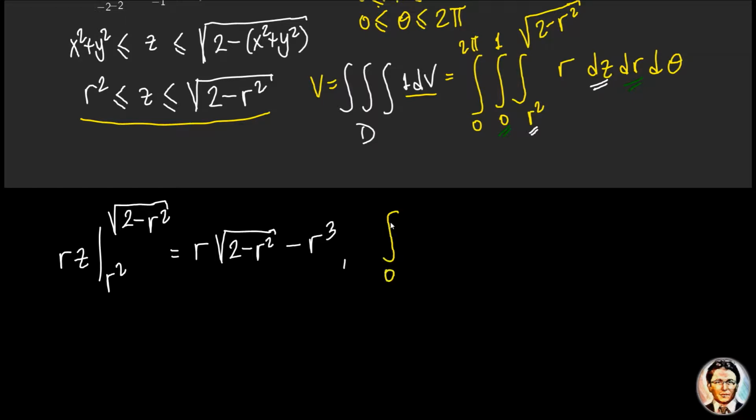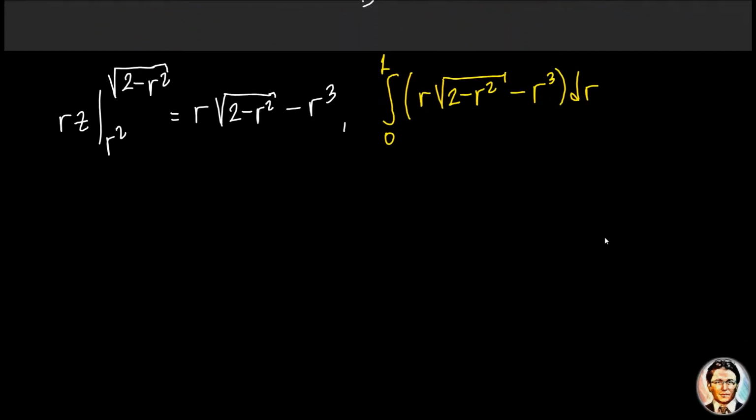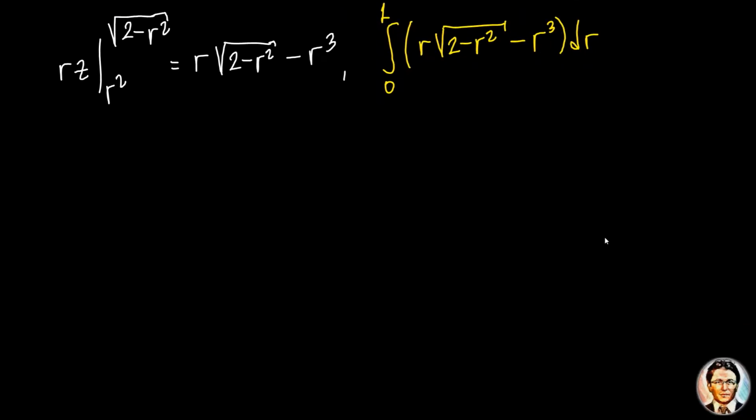Integrate with respect to r from 0 to 1 the expression r times square root of 2 minus r squared, minus r cubed. We will use substitution for the first part, so let's split it into two integrals and calculate separately.